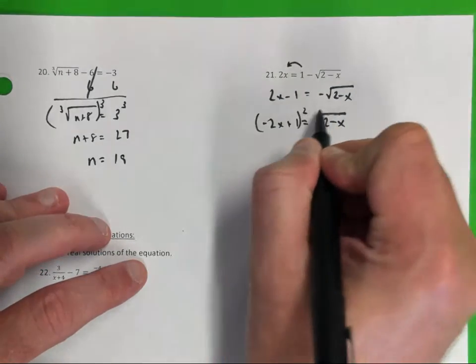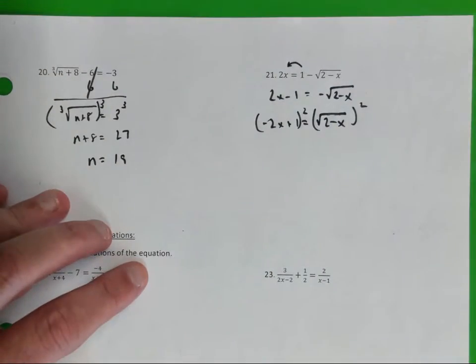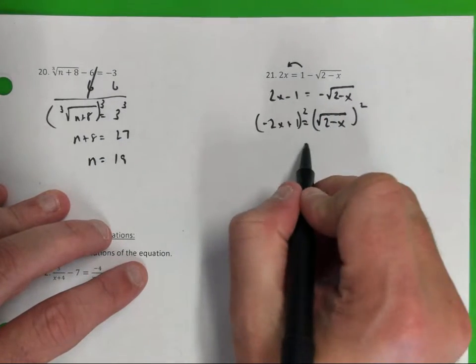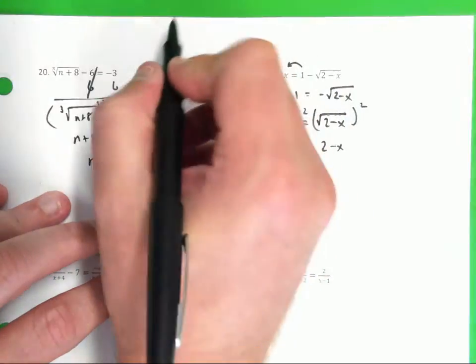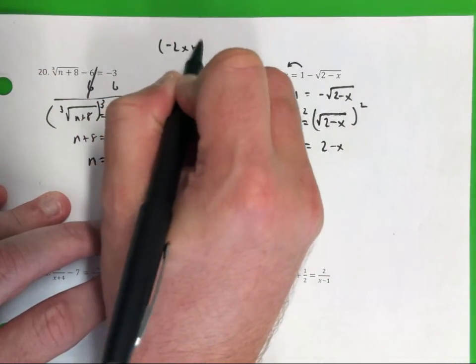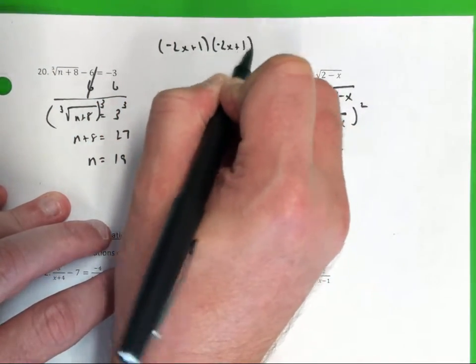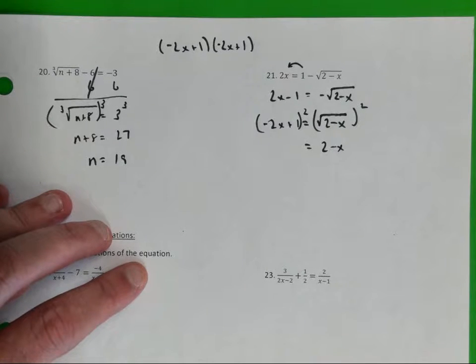So I'm going to square this. Well, this is easy. The square root and the square cancel out, so you're left with 2 minus x. But now you run into the situation of negative 2x plus 1 times negative 2x plus 1. Why don't you FOIL that out for me right now?